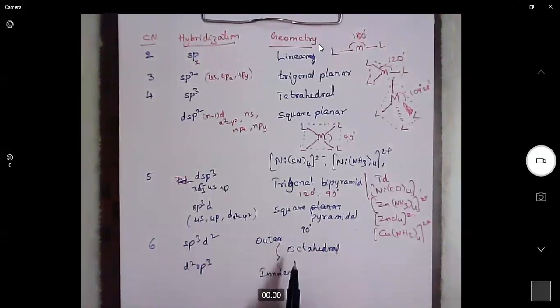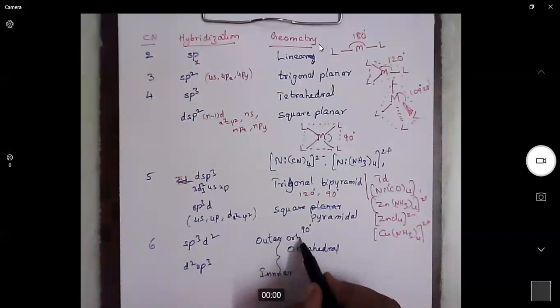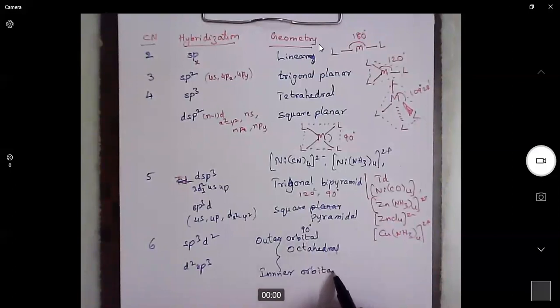sp3d2 outer orbital complex, d2sp3 inner orbital complex. I'll give some examples for these also, but you are supposed to practice their structures using VBT.